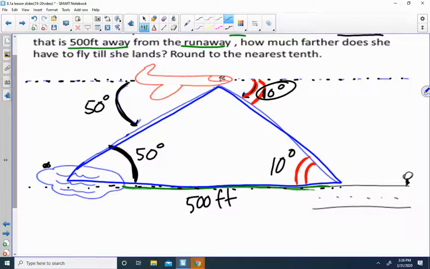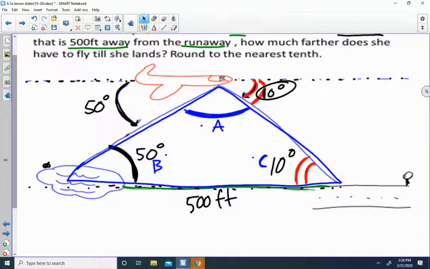And now we have a triangle with two angles, which means we can now find the third angle. Because remember, angle A plus angle B plus angle C all have to add to 180. So given that information, 50 plus 10 is 60, which means A has to be 120 degrees. And that will make sure that these angles add to 180.